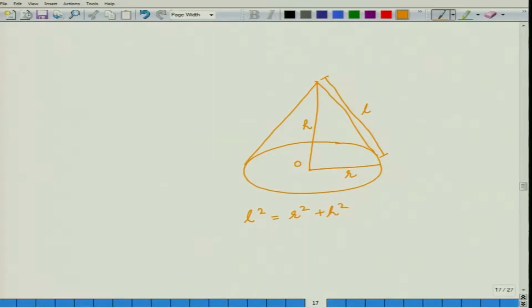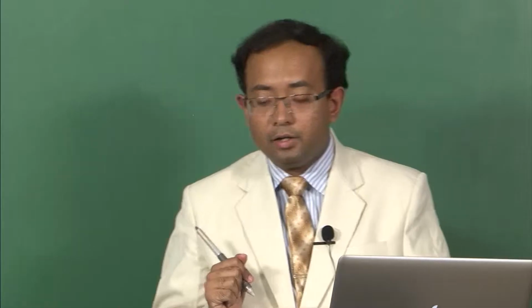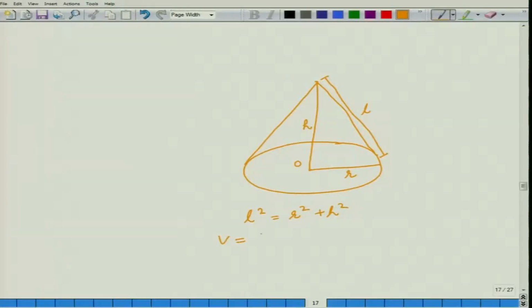The volume of a cone is given by 1/3 of the volume of a cylinder of similar radius and similar height. So, the volume would be given by 1 by 3 pi r square h. The lateral surface area is given by pi r l, and the area of the end, because it is a circle, is given by the end surface area equals pi r square.